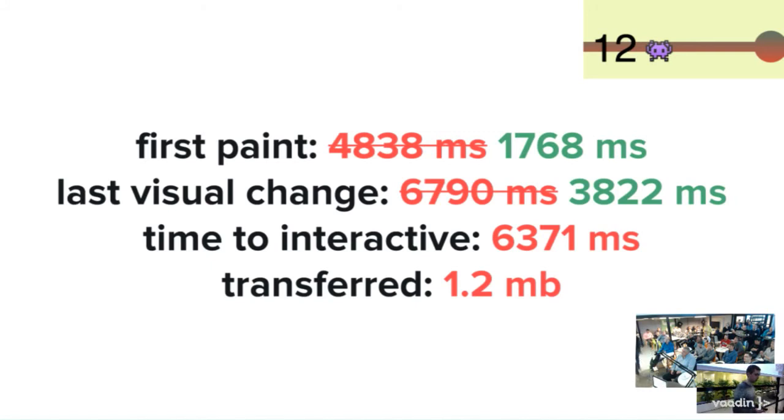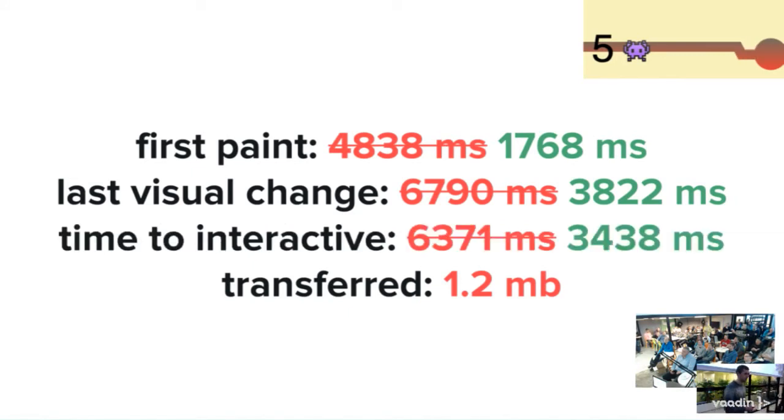And then time to interactive was 6.3. Any guesses? You can just shout out. What do you think it's now? 4.2. 3.5. Yeah, 3.5 was very close. It was only 3.4 seconds.